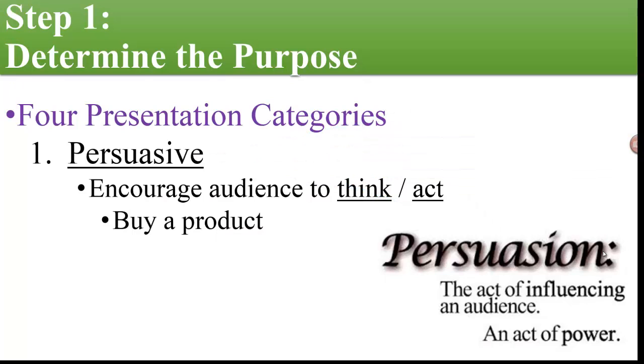So an example would be buy a product. If you just created a product and you're giving a presentation about that, your goal would be to persuade your audience to buy that product. Persuasion is influencing. It's an act of power. It's trying to get the people you're talking to either do something or believe what you believe.